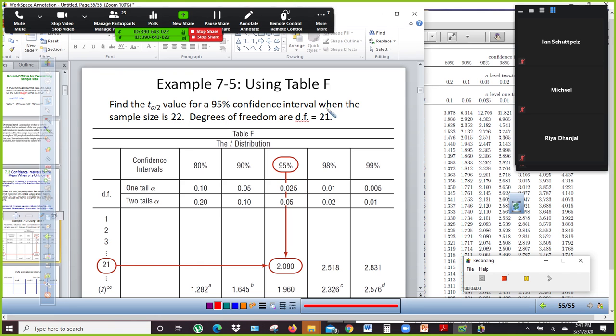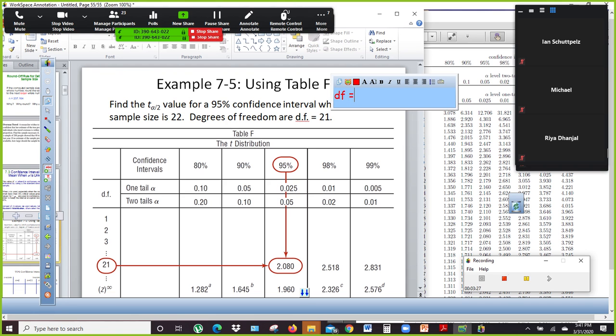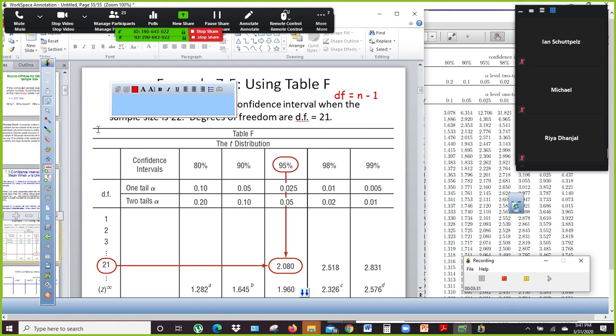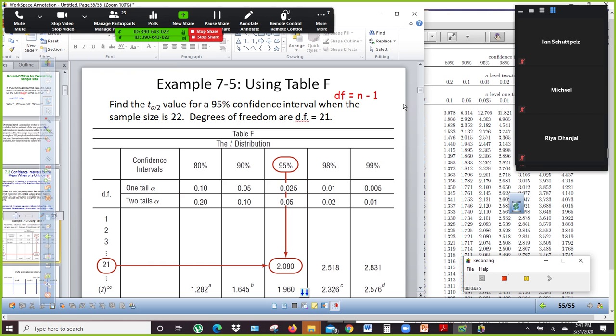Degrees of freedom is n minus 1. So degrees of freedom equals n minus 1. You guys need to know that. It's super important. df equals n minus 1. Absolutely have to know that. You're going to be in serious trouble without that. So that's where you find degrees of freedom.